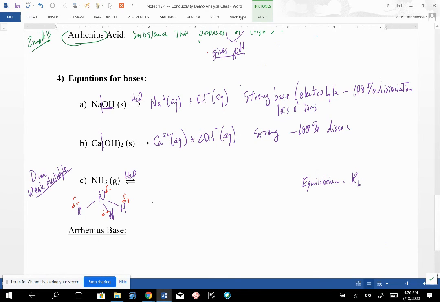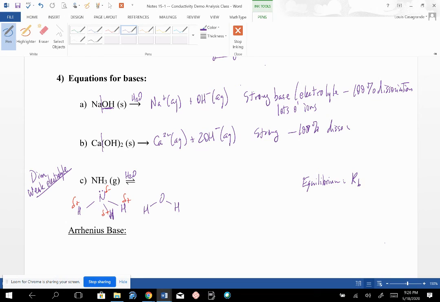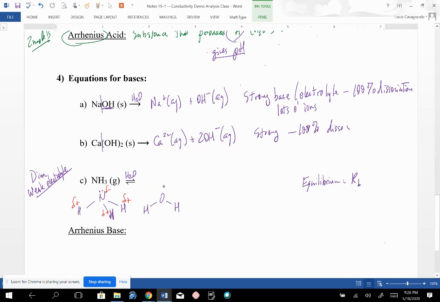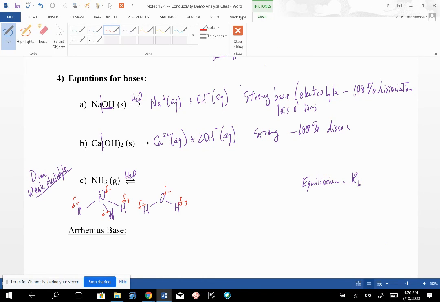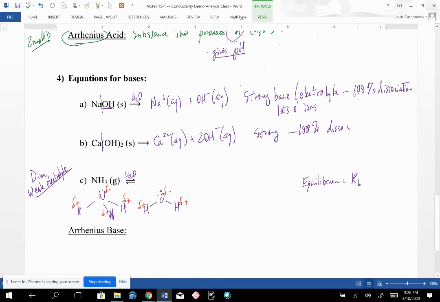Actually, let's take the water and write out the Lewis structure for the water, because I want you to see how this is working. So again, delta plus, the delta minus on the oxygen, delta plus is on the hydrogens. And I forgot to draw in the lone pairs. Let's put those lone pairs on the oxygen.